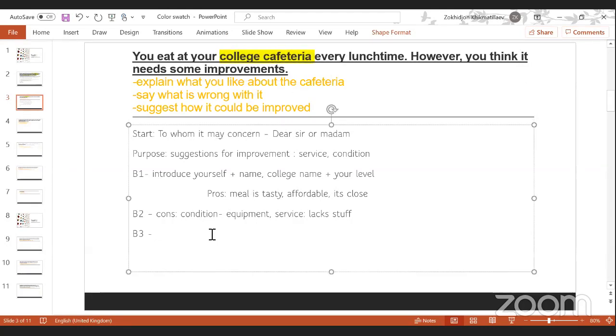They can buy some new furniture, plates, forks, and so on, and maybe hire some more staff workers. New dishes, let's say. Employ new employees. If to talk about the service, then they have to hire new people.